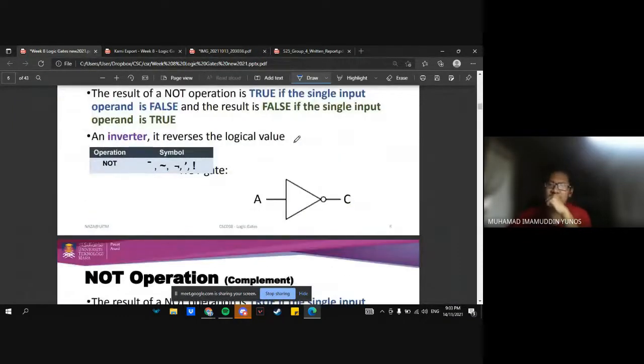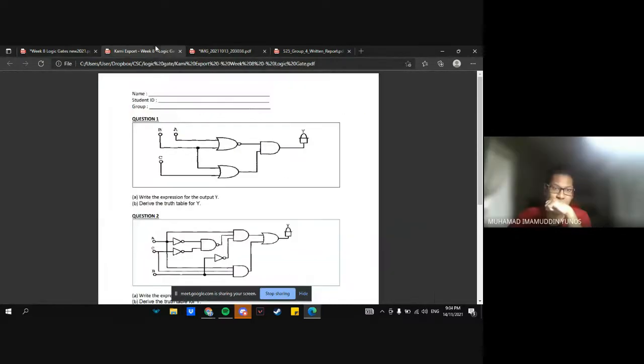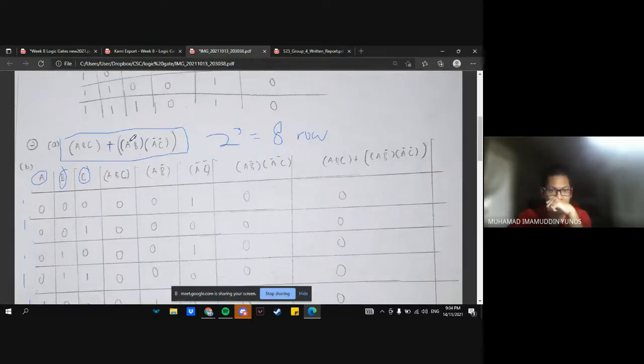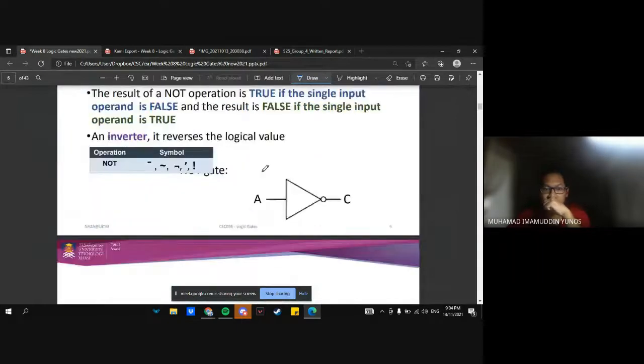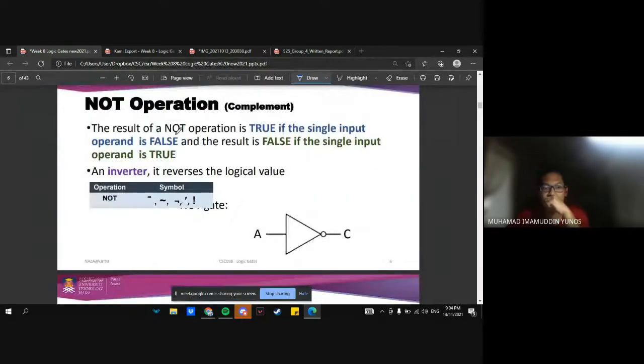NOT operation. Like the symbol earlier, the symbol here is one of the common symbols that we use for the NOT operation. It will inverse the operation. For example, if the operation is 1, which is true, but when we have NOT in front of it, it will inverse the operation, becoming false.